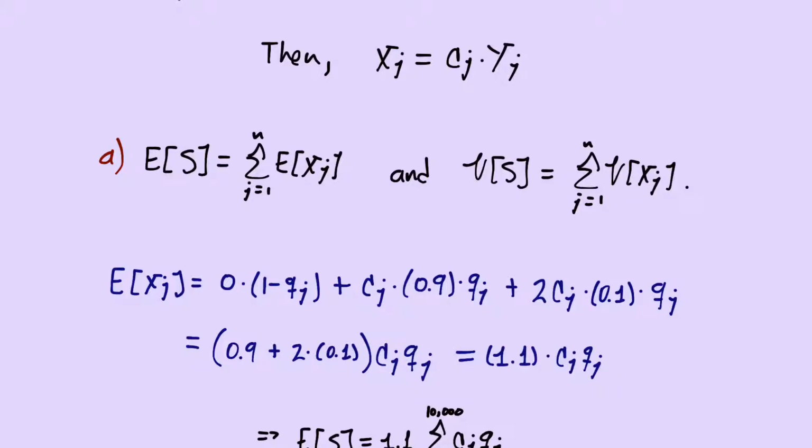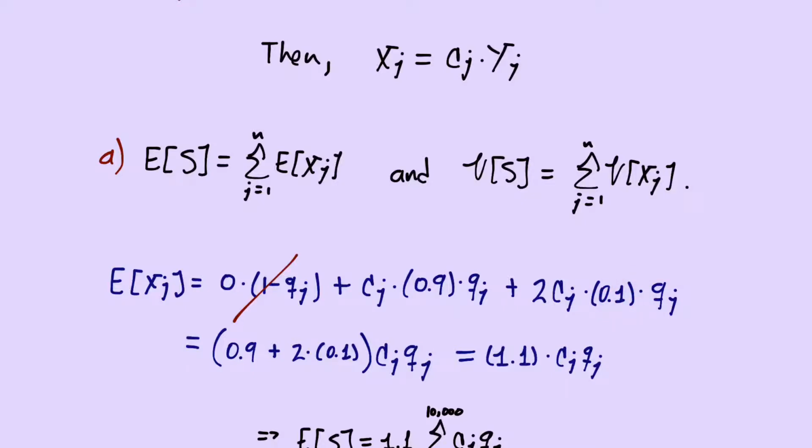Using the probability mass function, for example, the expected value of xj would be 0 times the probability for that variable to take the value of 0. This one dies. And then cj times the probability that that random variable takes the value of cj, that was this one. And 2 times cj times the probability of the random variable taking the value of 2cj.